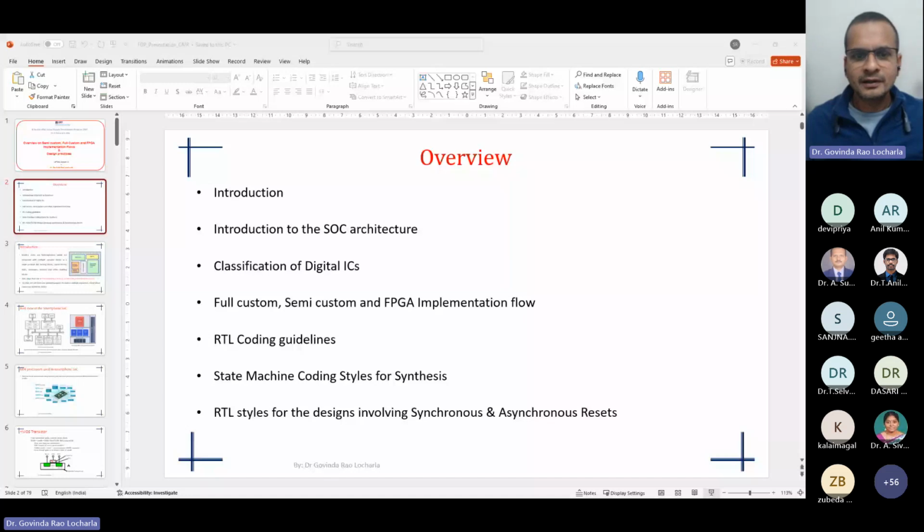What about the next one? Only the overview is visible. I'm just navigating through.